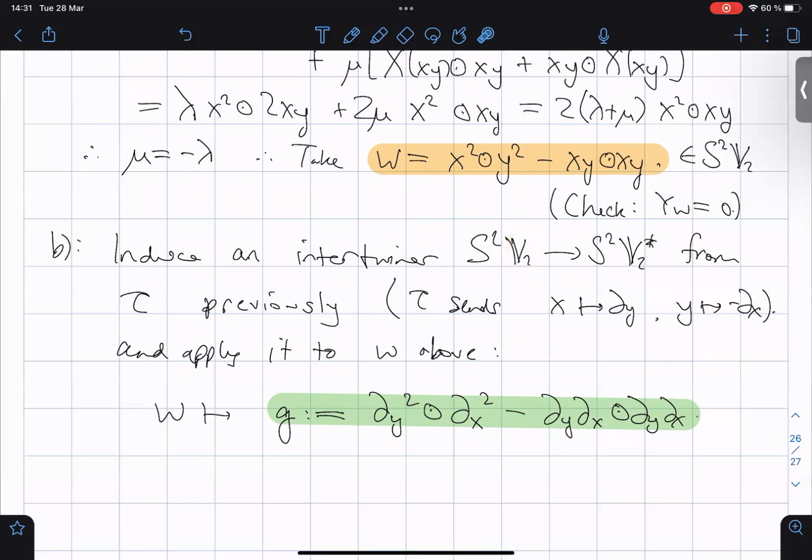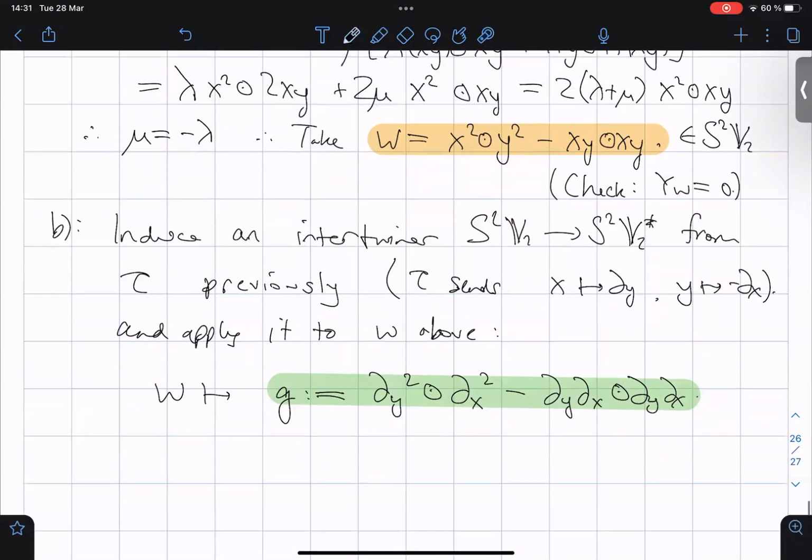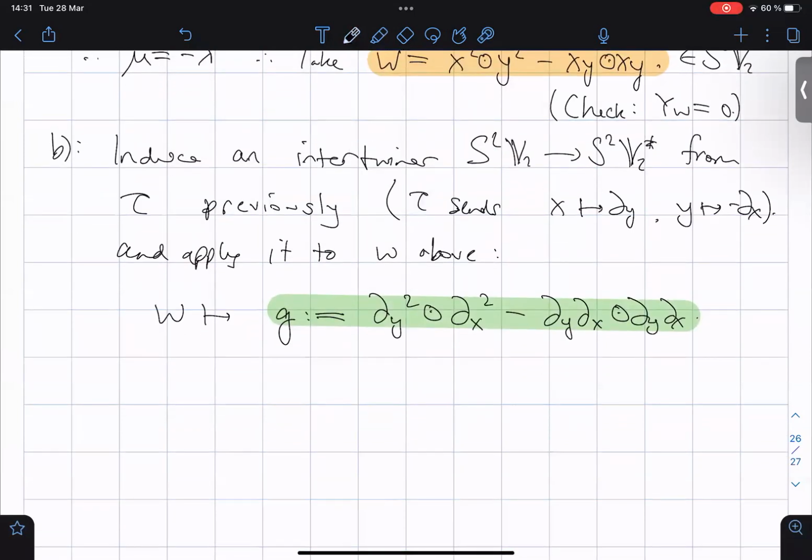So I'm going to feed it homogeneous polynomials in x and y. Okay. So let's make this explicit. In particular, the exercise now is going to be, okay, so let us interpret so-called null vectors.